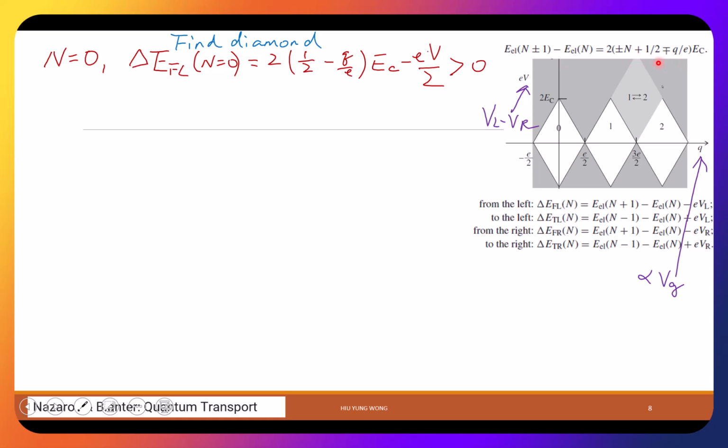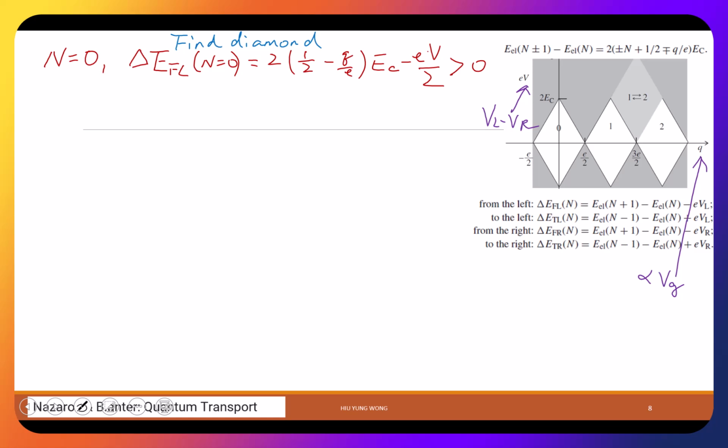From the left is n plus 1, so this is minus, because top is plus, it turns out to be minus here. So I plug in n equal to 0, then I have 1/2 minus Q over E times EC. You need to do this in your assignment, so make sure that you understand.